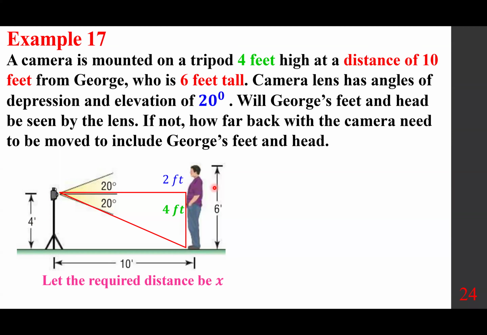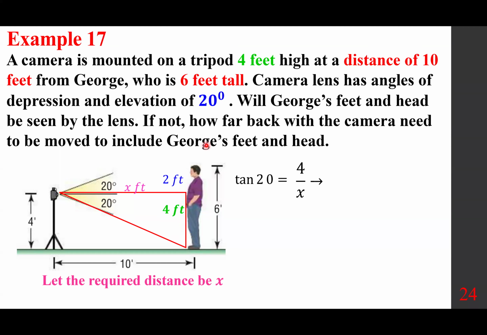And what is this distance? Not 10. We are assuming it's X. So that is understanding what's happening. Now, tan of 20 degrees is the opposite over the adjacent, 4 over X. And it's important to understand why we are concerned with this. Because if this covers the bottom, obviously it covers much higher here.